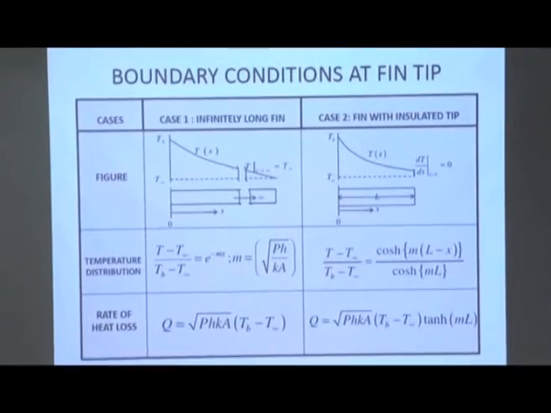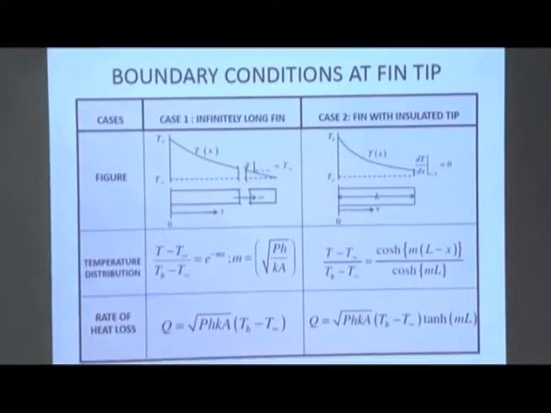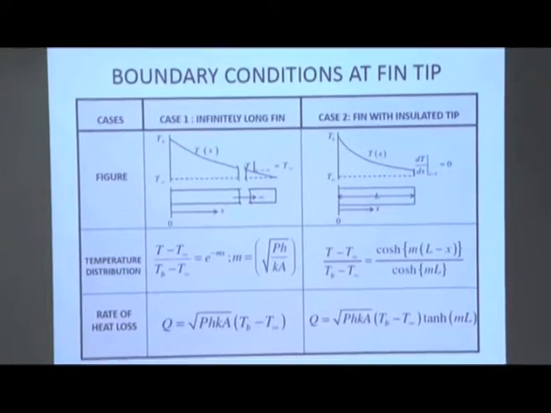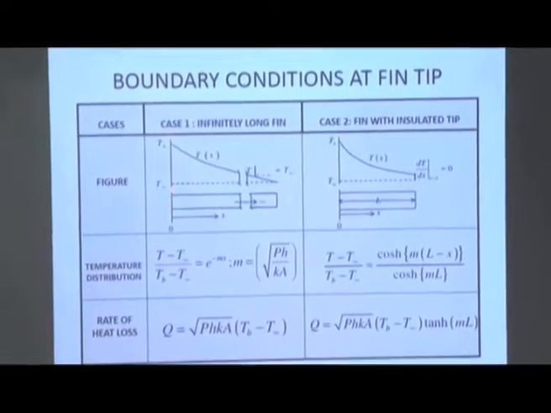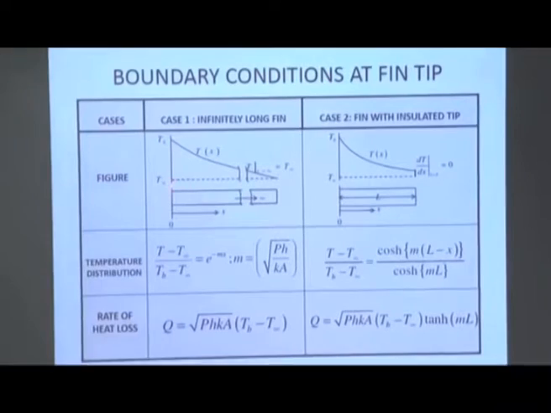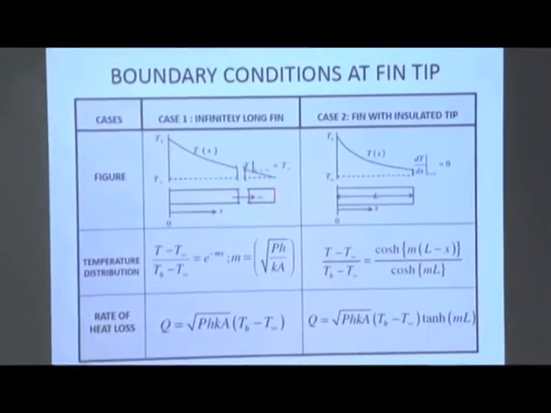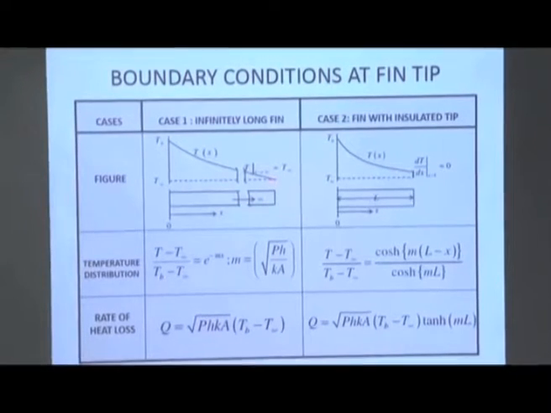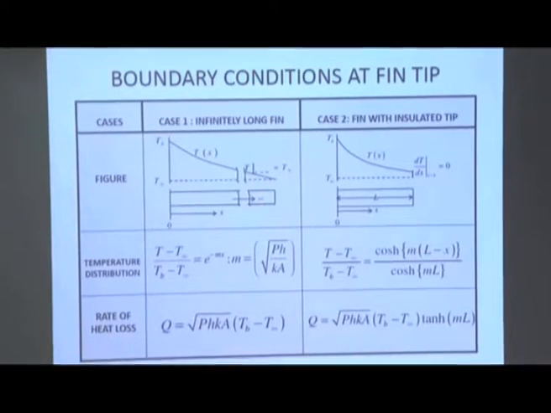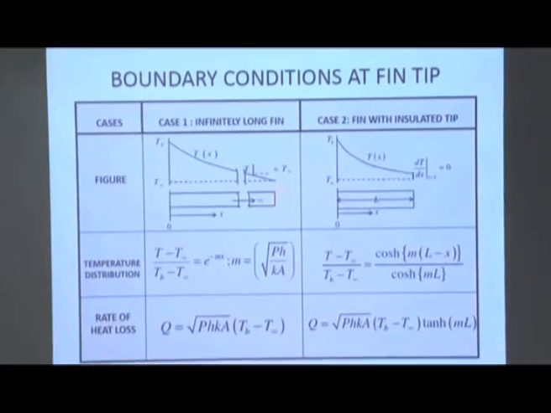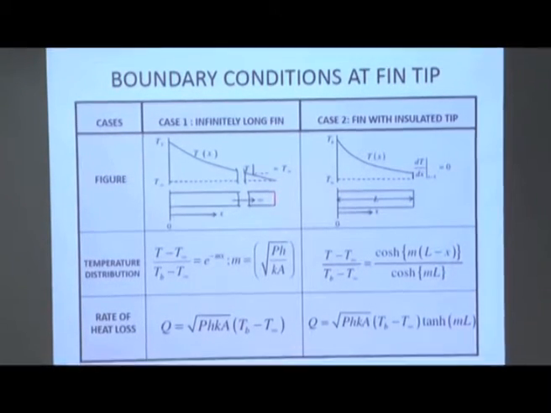Now these are the things which we discussed last class. We first discussed the infinitely long fin, where the base is at a temperature Tb, the base temperature, which is the same for all cases. Now if the fin is infinitely long, we impose the boundary condition from our physical sense that ultimately the temperature at this exposed end becomes the surrounding fluid temperature T infinity.